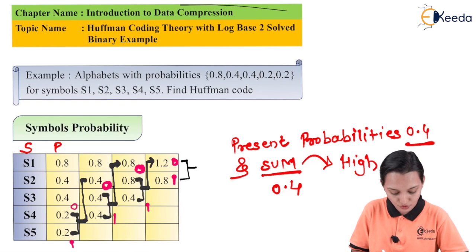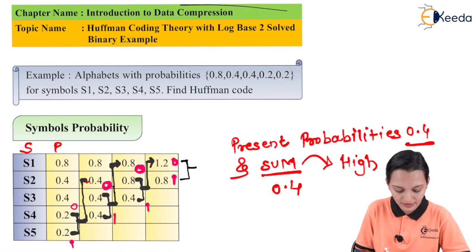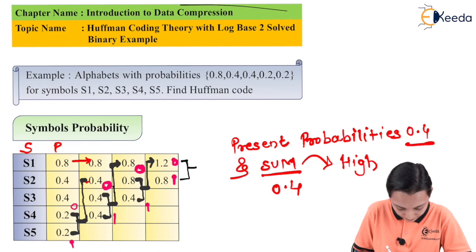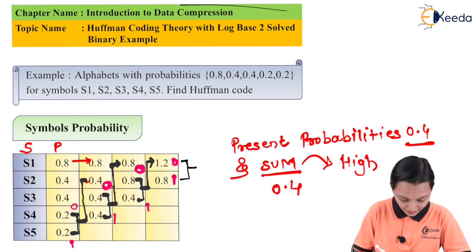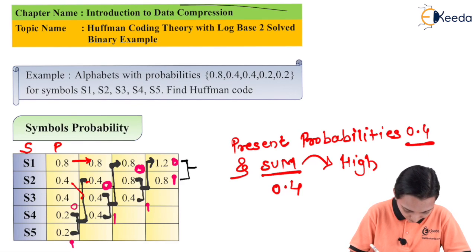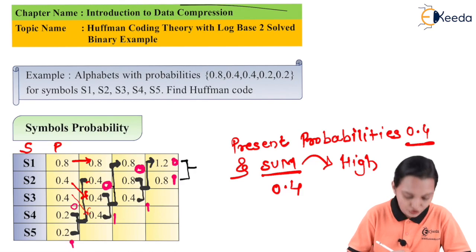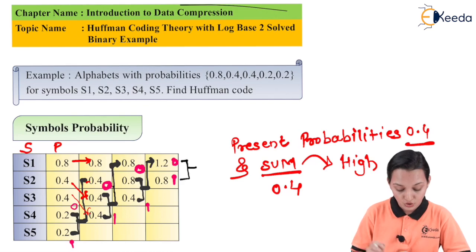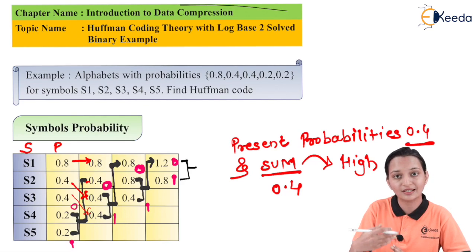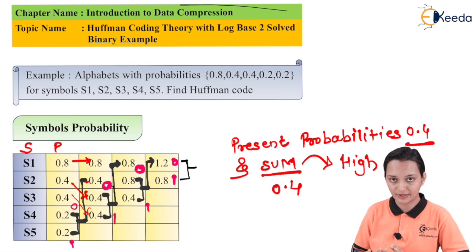So as high as possible means after 0.8, I must shift this 0.4 over here. Because of this, 0.8 will be as it is. This is the answer of this 0.4. Hence, this 0.4 will get shifted over here, and this 0.4 will get shifted over here. So like that, we require to change the position or level of the probabilities.